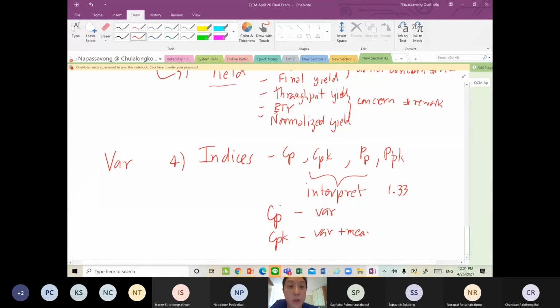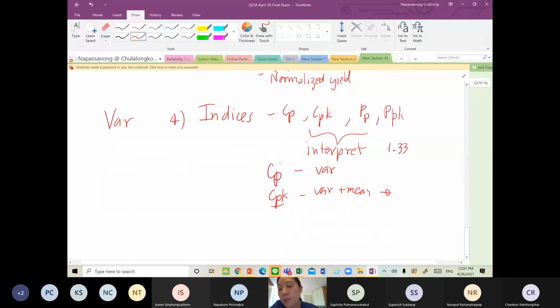We use CPK to decide whether we accept the capability of the whole process, whole meaning both variation and the mean at the same time, but CP we use to decide whether we will accept the variation.